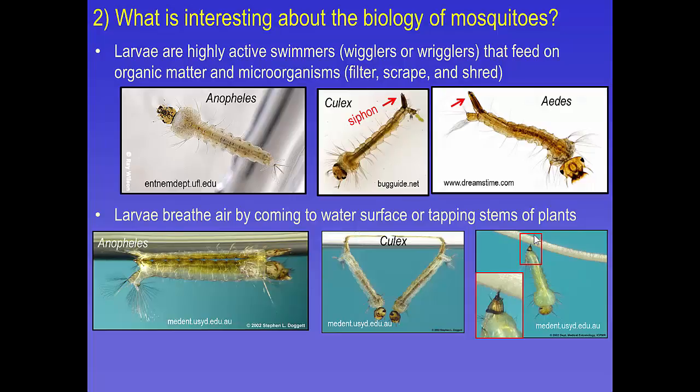So some species of mosquito can breathe underwater without having to come to the surface by tapping into air in the stems of aquatic plants. So a pretty nifty adaptation. Now let's watch a brief video clip so that you can see some of these larvae or wrigglers in action.